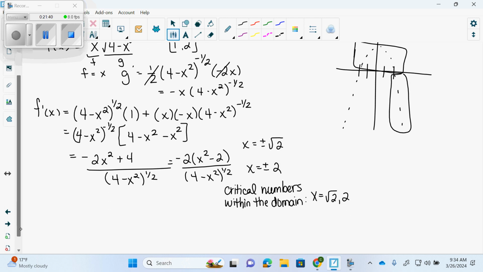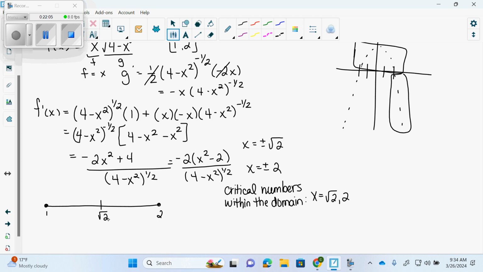Now, is it easier to find the second derivative of this and then plug in root 2, or would it actually be easier to just do increasing, decreasing? Increasing and decreasing. So we have 1, 2, and root 2, correct?